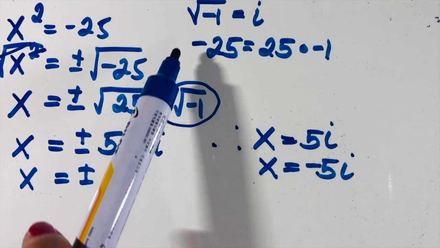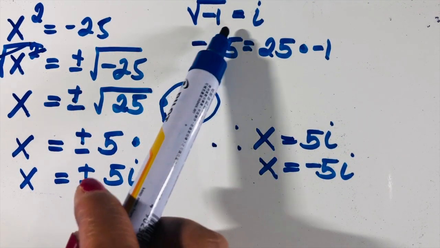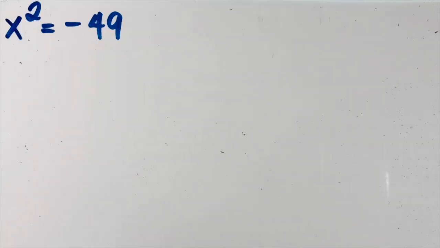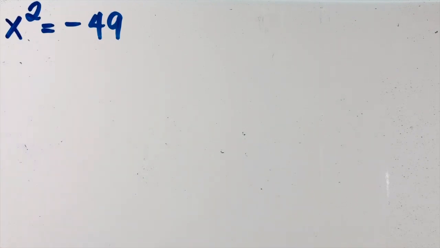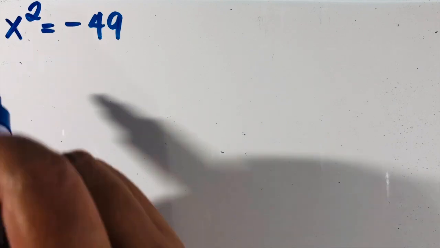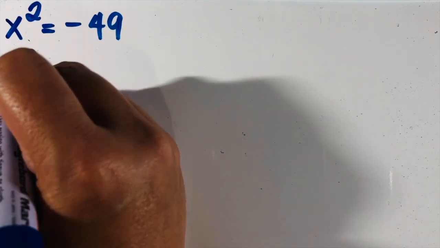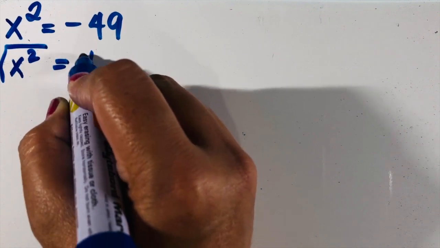Please don't forget, square root of negative 1 is equal to i. Let me give you the same example as the previous one, so you will remember how to simplify if c is negative. So, c is negative, x squared is isolated, and it has a coefficient of 1. So, let us take the square root of both sides.